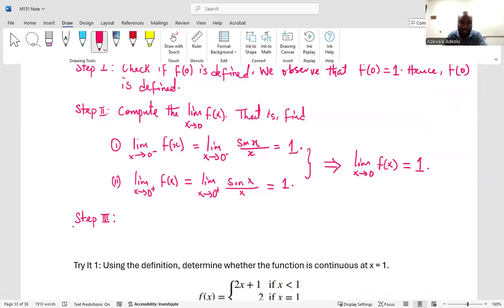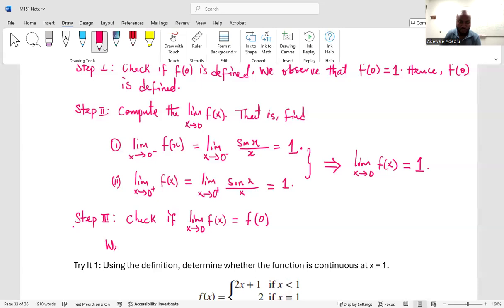And the last one is to check if the limit as x goes to 0 of your function is the same as when you evaluate that function at that point, 0. Put differently, check if your answer in step 1 is the same as your answer in step 2.